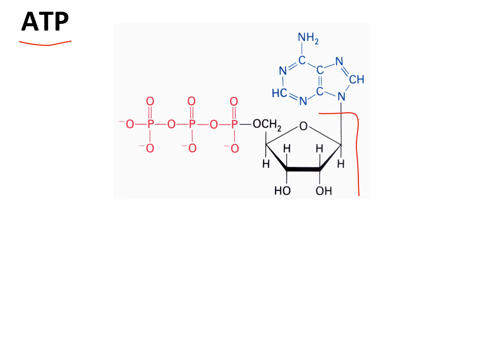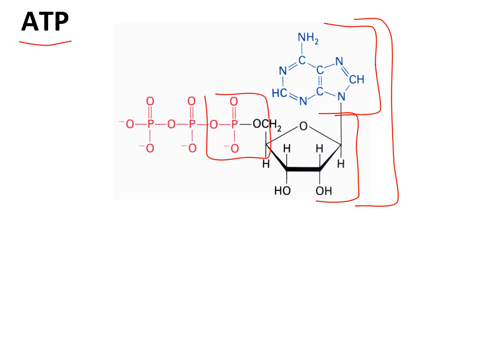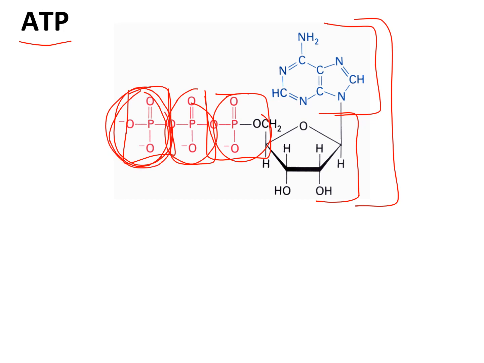You have the ribose here, you have the adenine here, and then the phosphate groups. But with ATP, triphosphate, you have 3 phosphates bound. And the 3 phosphates all have a negative charge. So this last phosphate has a lot of potential energy.